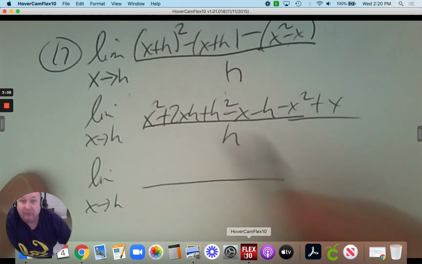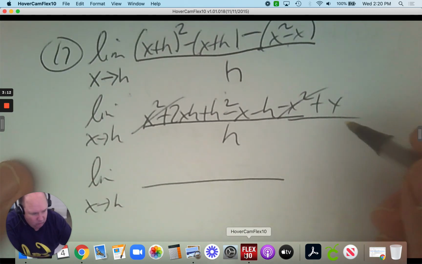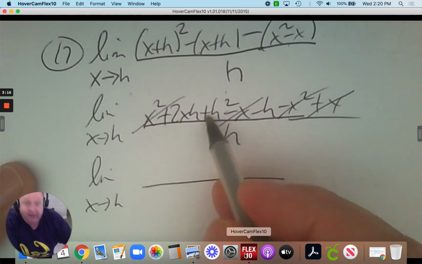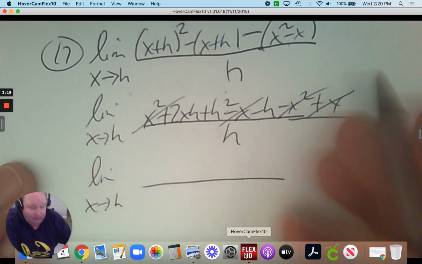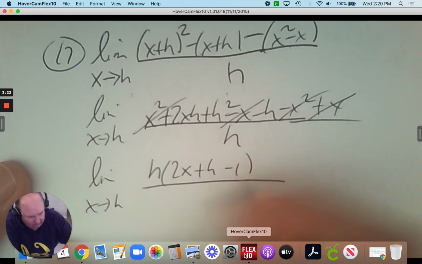So if I simplify this, x squared and negative x squared, negative x and positive x, and then what's left over, I'm going to factor out an h. So if I factor out an h in front, I get 2x plus h minus 1.